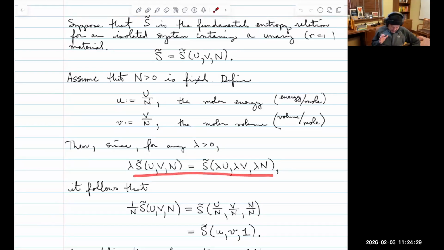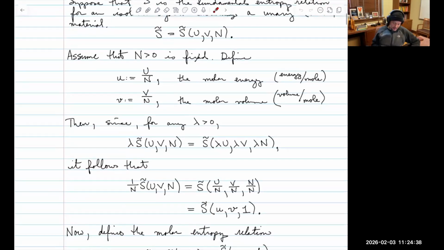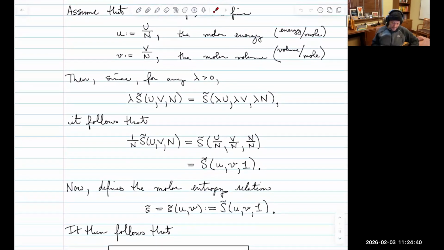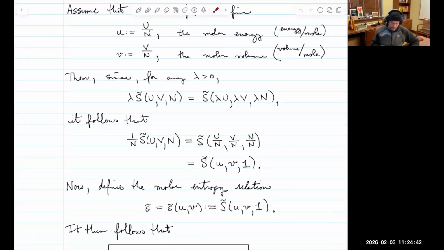This is the definition of what we mean by homogeneous of degree 1. And in the thermodynamic setting, this is important because it tells us whether or not a variable is extensive. So the entropy is an extensive variable, otherwise known as an additive variable.